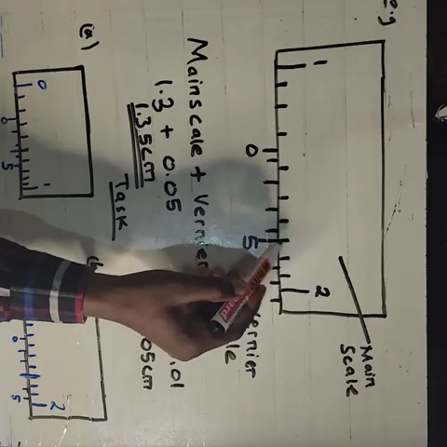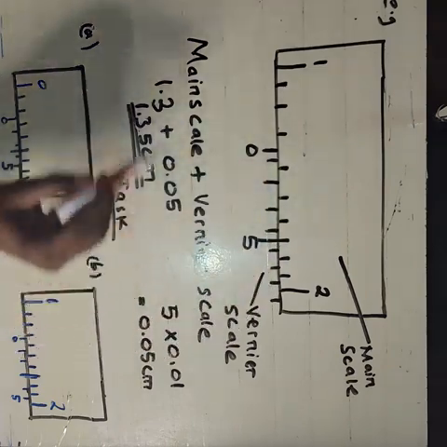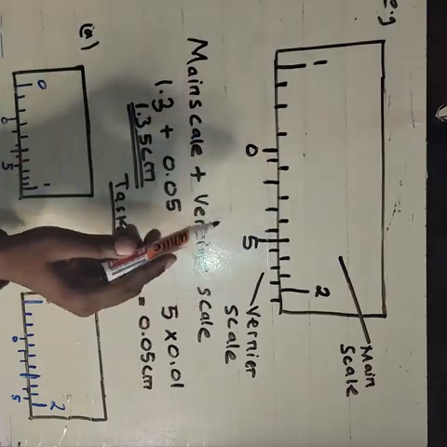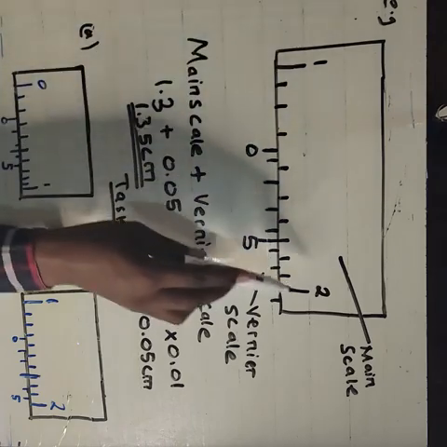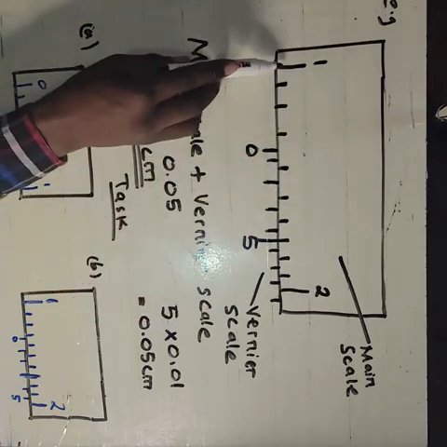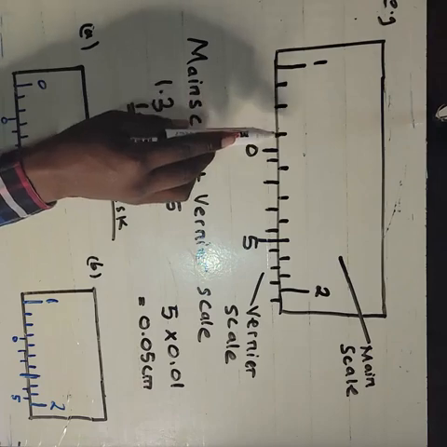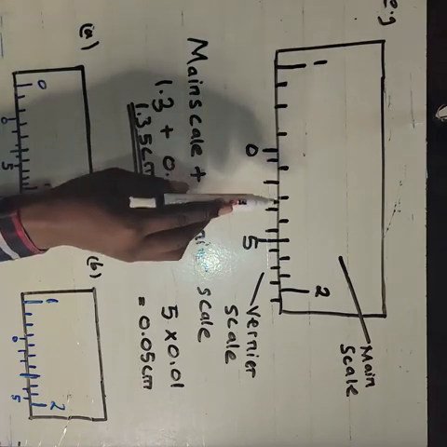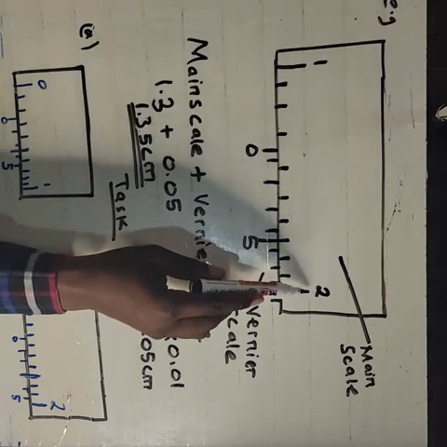In all the diagrams, there will be a line where they meet. So how do we read the main scale? This is our 0. If this is 1 and this is 2, then we have 1, 1.1, 1.2, 1.3, 1.4, 1.5, 1.6, 1.7, 1.8, 1.9, 2.